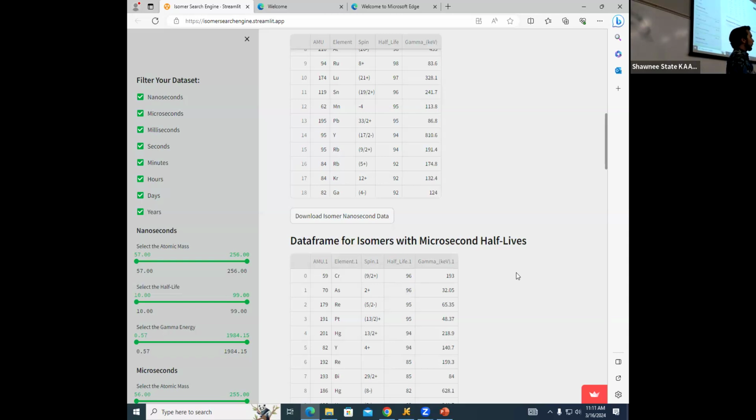Yes, and one of them in particular, which was one of the reasons I thought this was so important, is tantalum 180, which is only found in nature in its isomeric state. Its ground state is unstable. They actually use it in medical physics for some imaging technologies, but it's only found in its isomeric state.